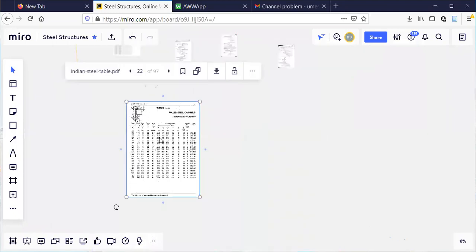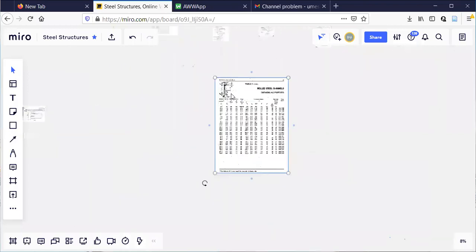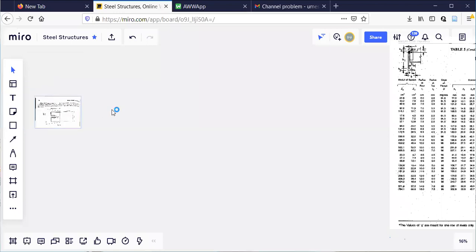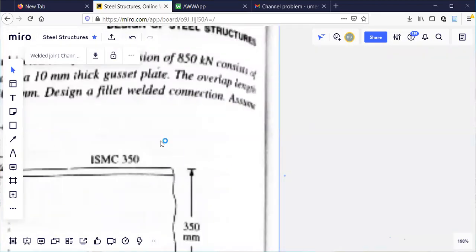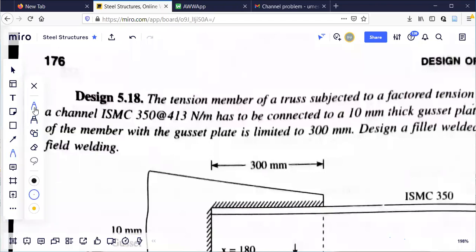So what I have done is I started searching for ISMC, whatever the problem is given, no? ISMC problem is there. So observe this. In order to understand the complete properties of ISMC 350 at 415 Newton meter, I want to know what is the moment of inertia, what is the thickness of flange, what is the thickness of the web, what is the total height.